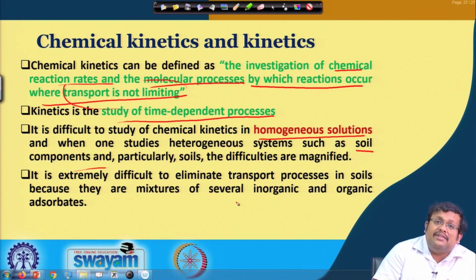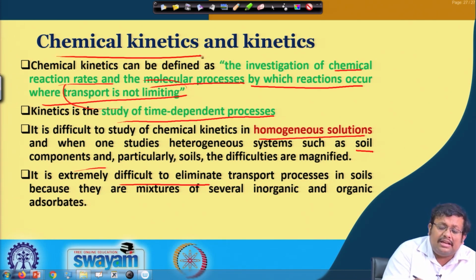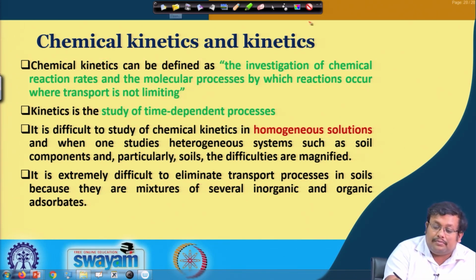It is extremely difficult to eliminate the transport processes in the soil because soils are a mixture of several inorganic and organic sorbers. So, these are some of the considerations when we talk about chemical kinetics.